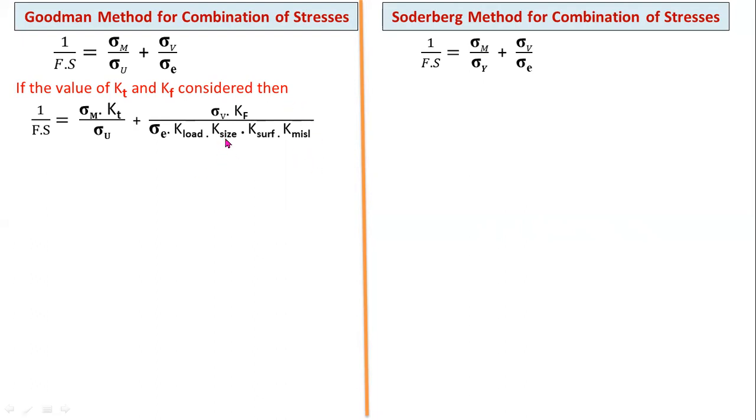K size is the size factor, K surface is the surface finish factor, and K miscellaneous is the miscellaneous factor. These factors mainly influence the value of the fatigue stress concentration factor and the theoretical stress concentration factor.